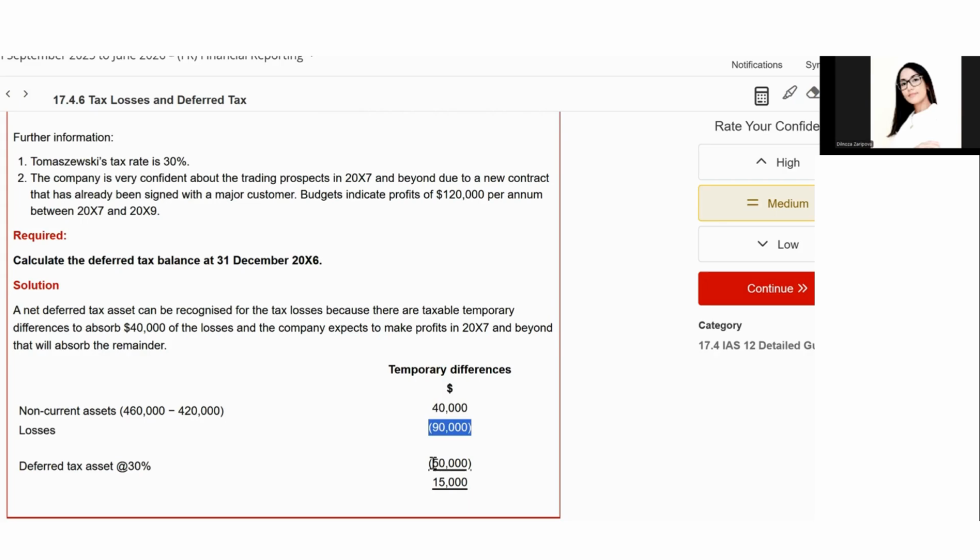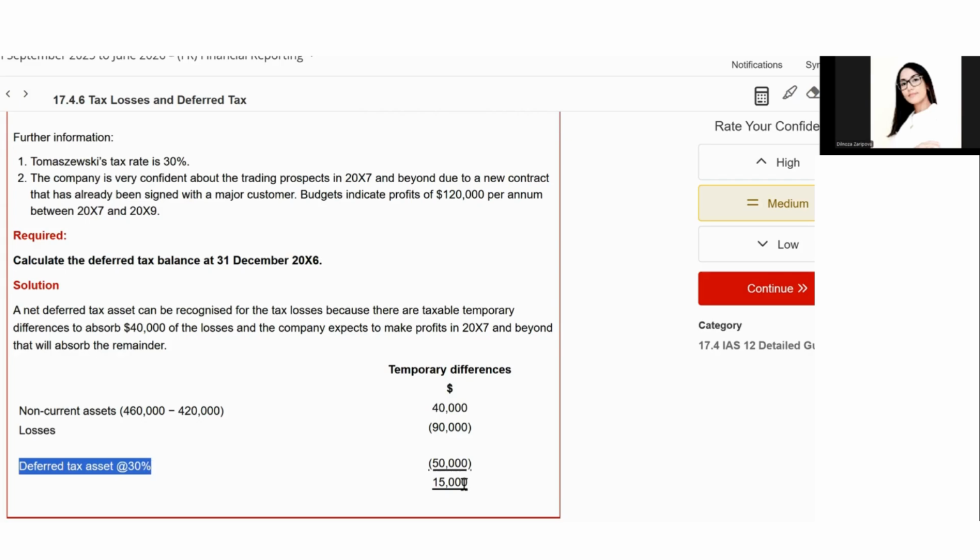And we have, because of its minus, we have deferred tax asset, right? And we apply on this 30%, and we have this amount, 15,000. So on the temporary differences, we apply 30%, and we have this amount of deferred tax asset, right?